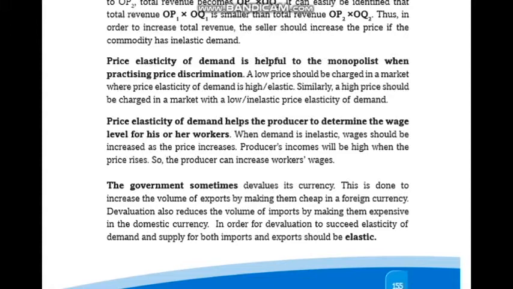When practicing price discrimination, charging different prices to different people, a low price should be charged in a market where price elasticity of demand is high, elastic.